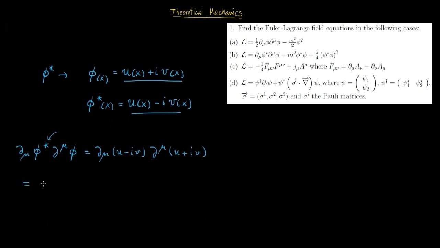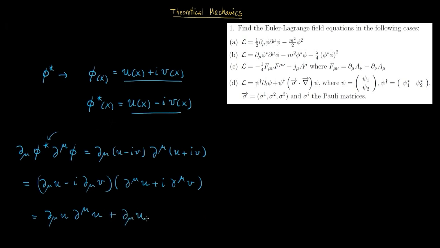If you expand this, you get partial mu u partial mu u plus partial mu u i partial mu v minus i partial mu v partial mu u, and i times i is minus, with this minus is plus, partial mu v partial mu v.